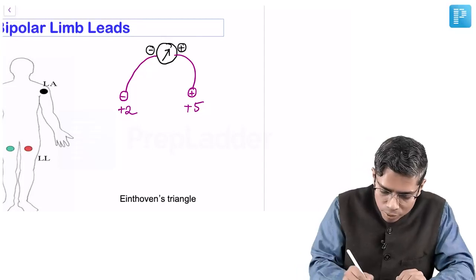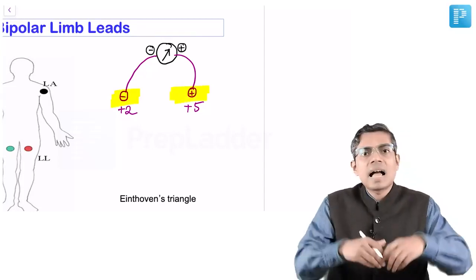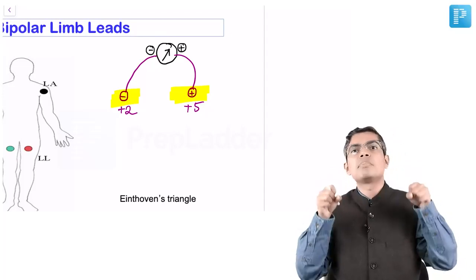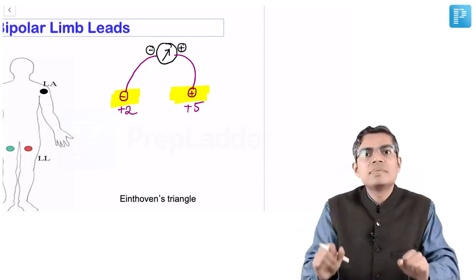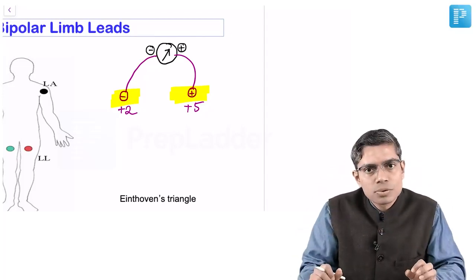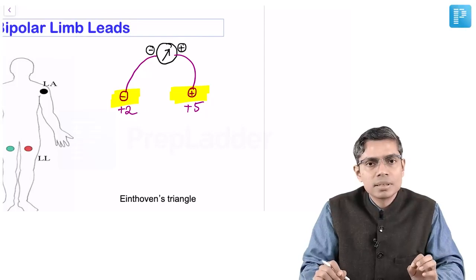That means both the electrodes here are active electrodes, both of them are recording some potential, and you are measuring the difference between these two, and that's why this is known as bipolar leads.